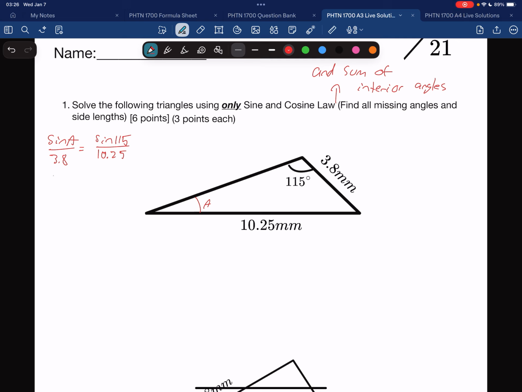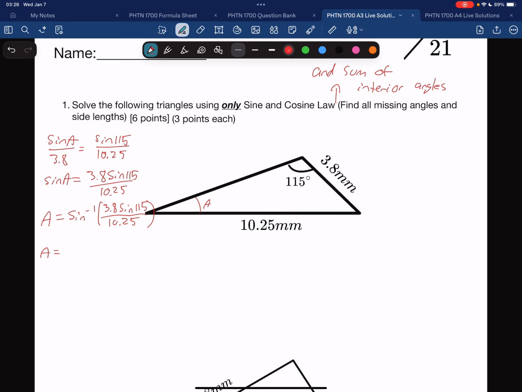Multiplying everything by 3.8, I get the sine of A is equal to 3.8 times the sine of 115 over 10.25, and taking the inverse sine of everything, I get the arc sine of 3.8 times the sine of 115 over 10.25.